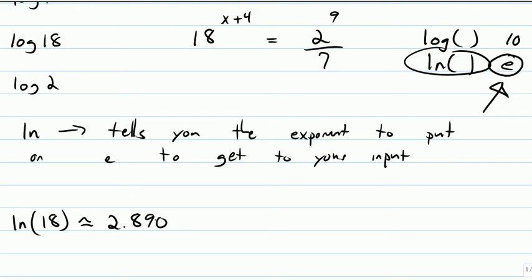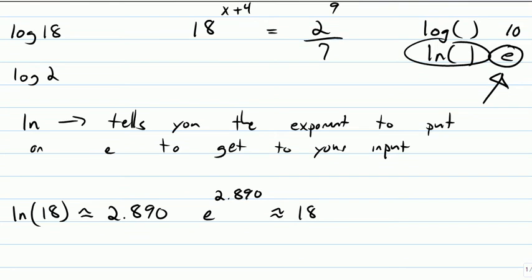So you never want to lose sight of what that means. That means that e to the 2.890 is approximately 18. And this will be a messy one. That right-hand side, we had the 2 to the 9th over 7. I'll put it in here, natural log, and obviously the kids need to be cognizant of how they're putting it into their calculator.